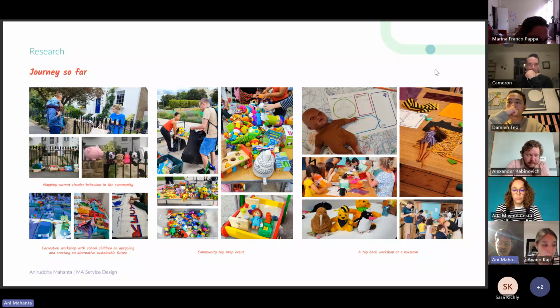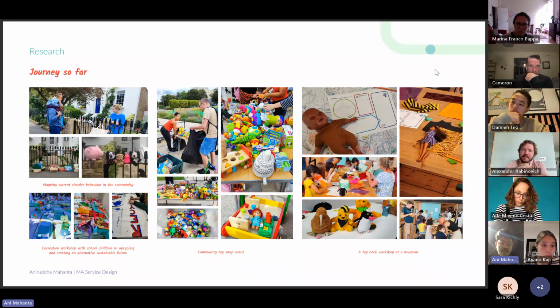I was also part of a toy repair workshop organized by the Young V&A Museum. These workshops and events are once-upon-a-time sort of events. They don't happen regularly, which is the kind of problem at the community level: these are events people really love to go to, but they are not easily found.